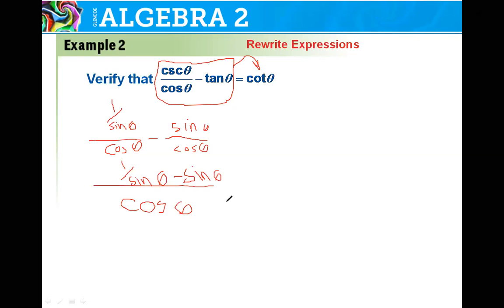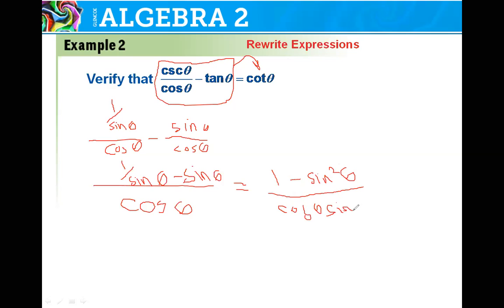So we multiply by sine, up and down, so the result will be 1 minus sine square theta over cosine theta multiplied by sine theta.